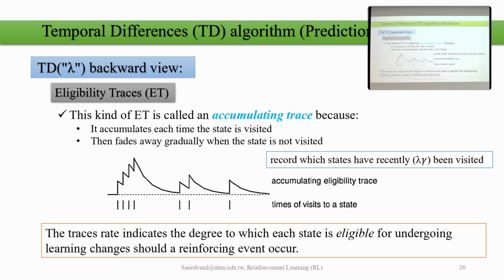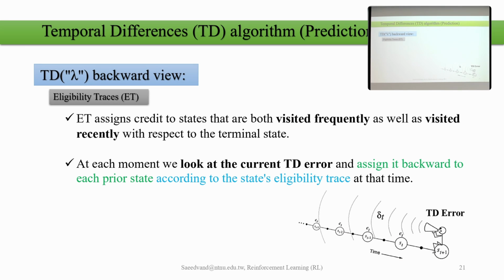So the trace rate indicates the degree to which a state is eligible for undergoing learning change, which should be reinforced. That's the same sentence I just explained to you.